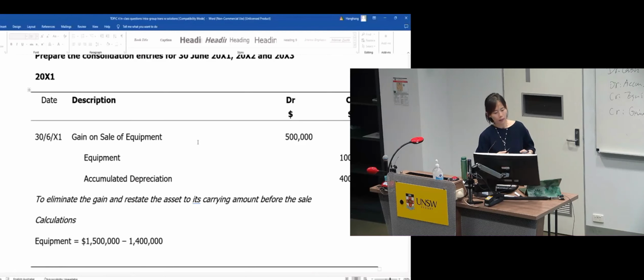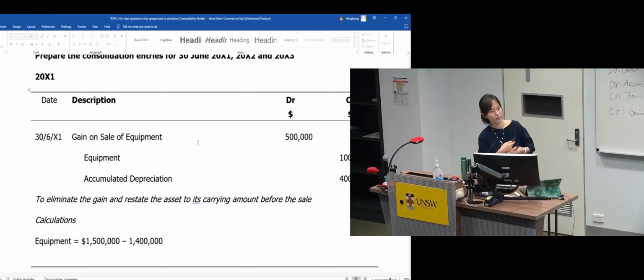The carrying amount of the equipment should be adjusted based on the difference between what is recorded by the legal entity compared with what should be reported by the group. So the equipment cost should be reduced by 100,000, and the accumulated depreciation balance should be reinstated by 400,000. These two line adjustments effectively reduce the carrying amount of the equipment by 500,000. Okay.